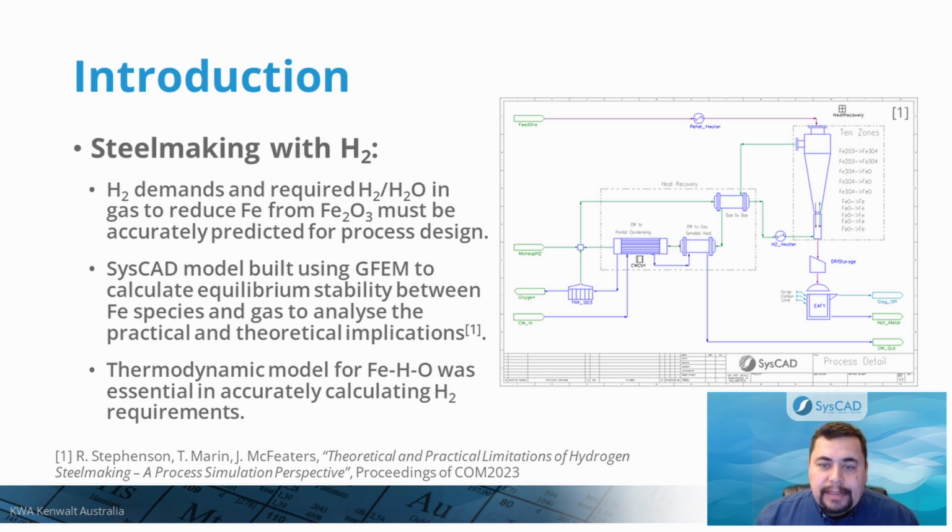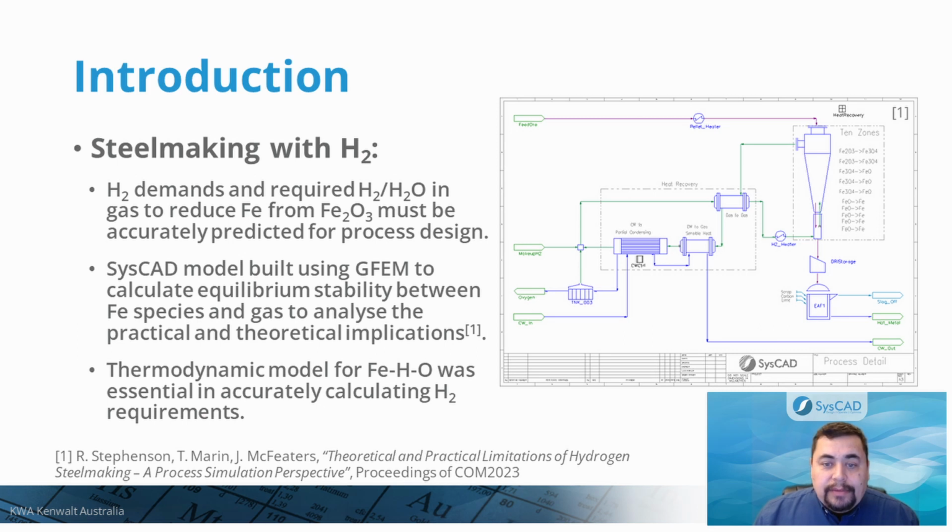We explored in detail the theoretical and practical limitations of this process in a paper for Conference of Metallurgists 2023 in Toronto. I invite you to find out more about this work in the reference shown here.